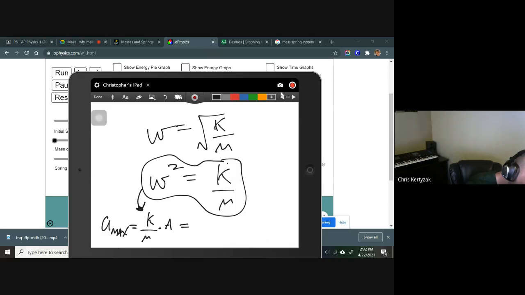So that means the maximum acceleration should be equal to omega squared times A. Usually they write A first. So the maximum acceleration theoretically should be equal to the amplitude A, remember, the position amplitude, the maximum position stretched from equilibrium, times omega squared, which is K over M. But this is usually how it's referenced right here.